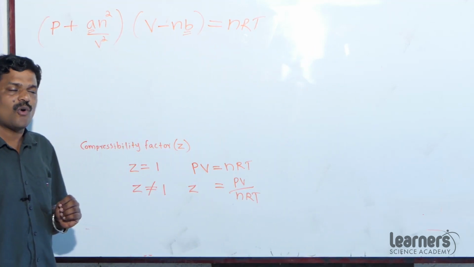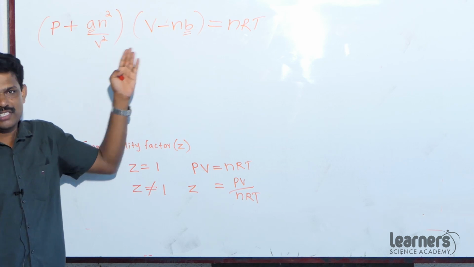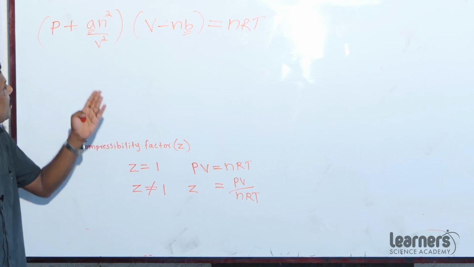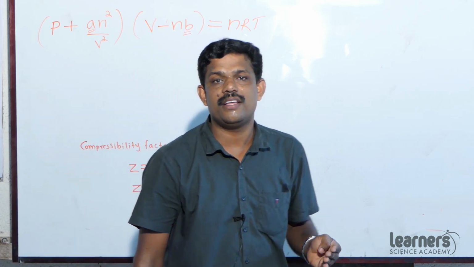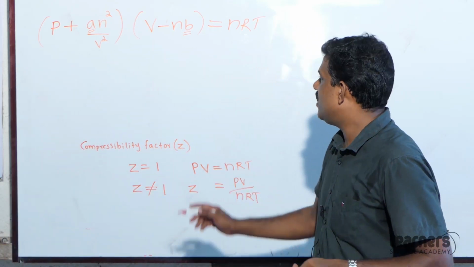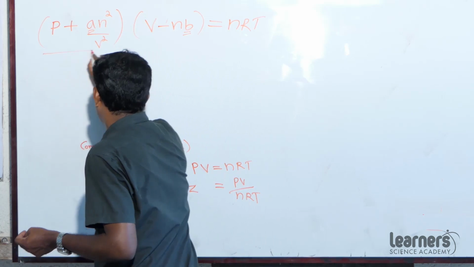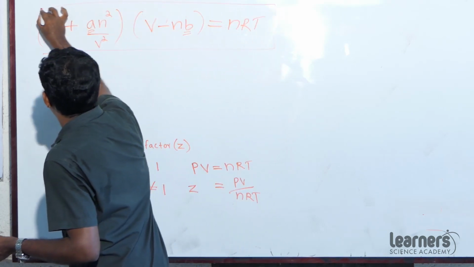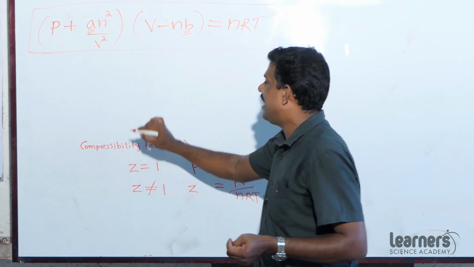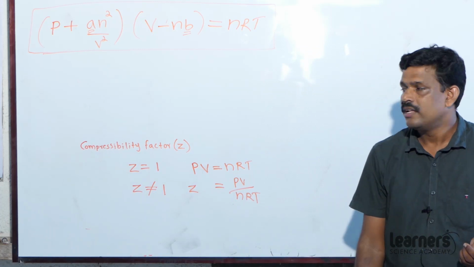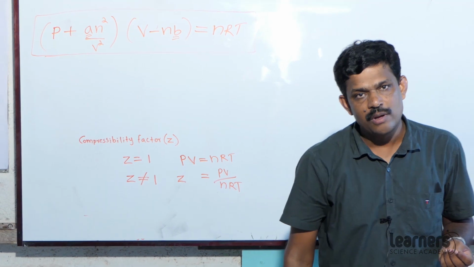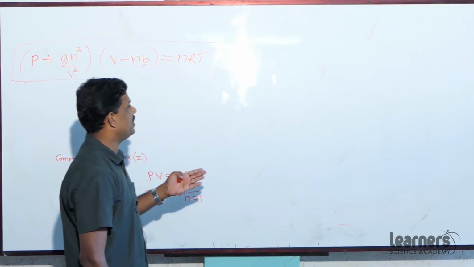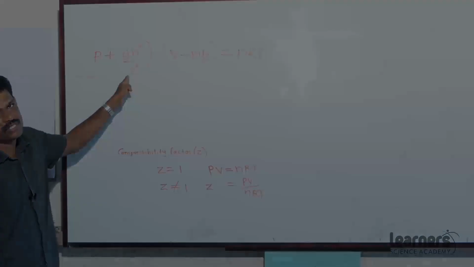All gases obey this van der Waals equation because he corrected the pressure and corrected the volume from the ideal gas equation. So this equation is a good equation. You must remember for our board exams, the question may directly ask you to give the van der Waals equation of state or the modified ideal gas equation. The answer is there on the board.